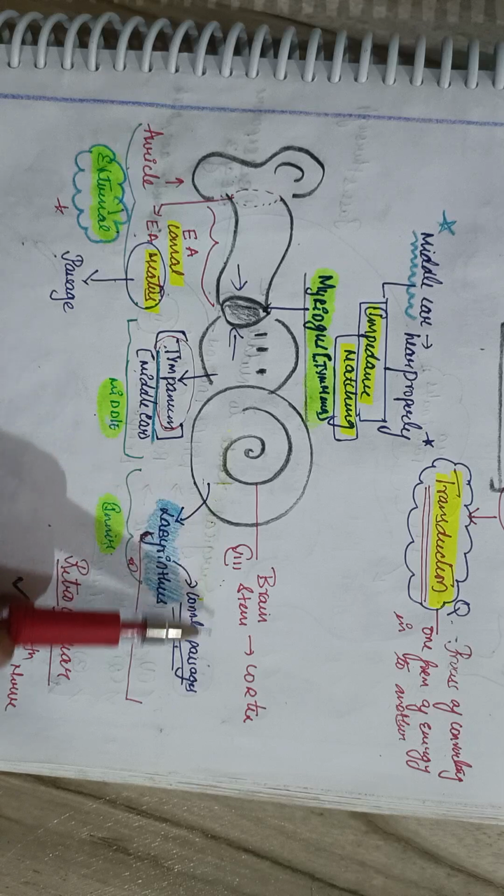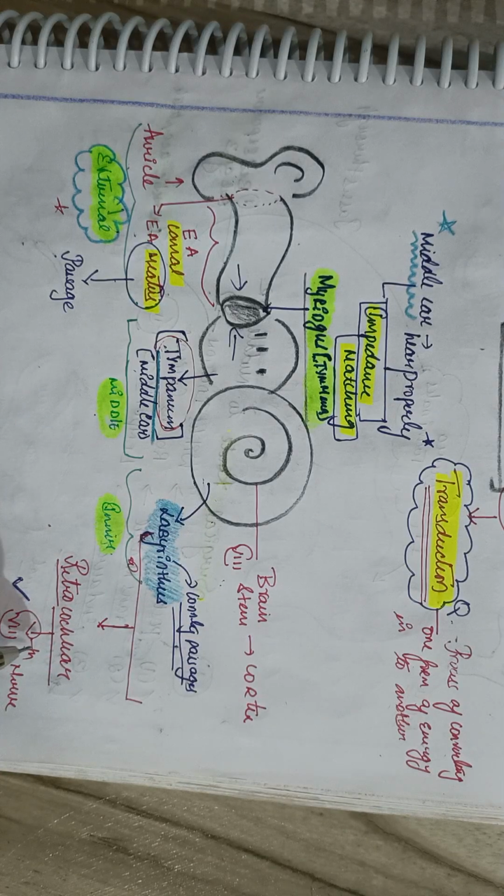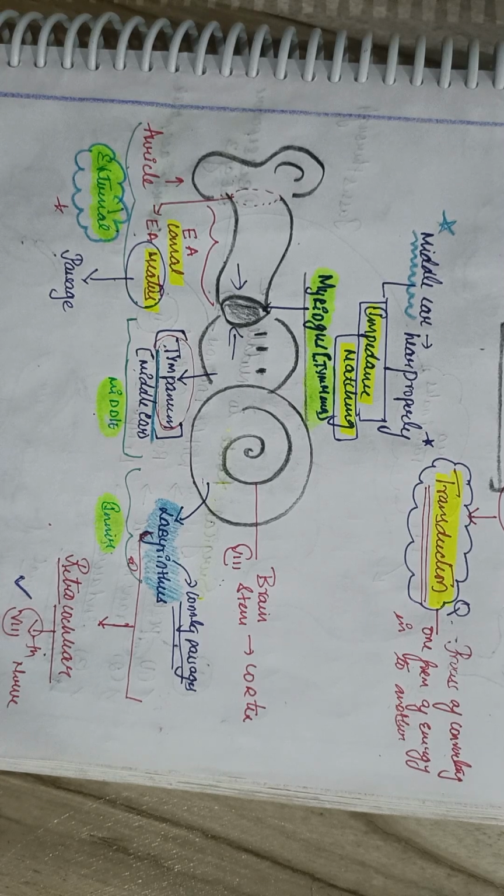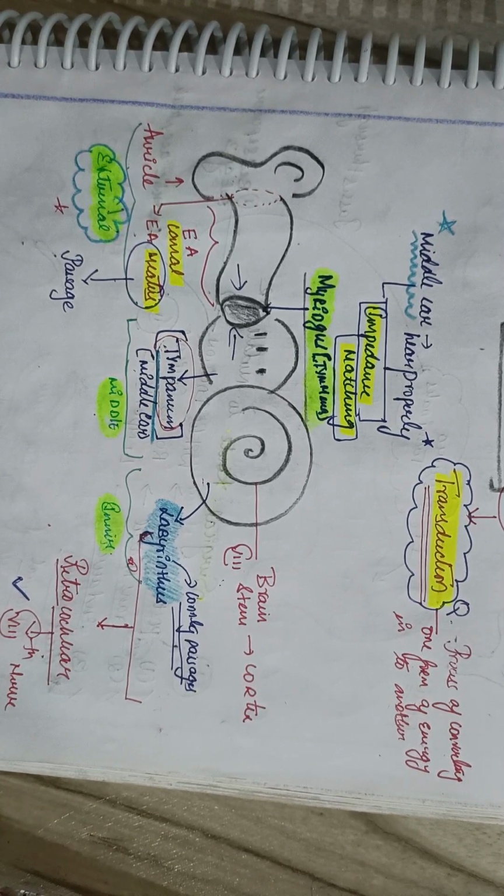This is the retrocochlear part. And the nerve, which I have already explained, present in the retrocochlear part is the eighth nerve. So that's the first basic point which you need to understand.